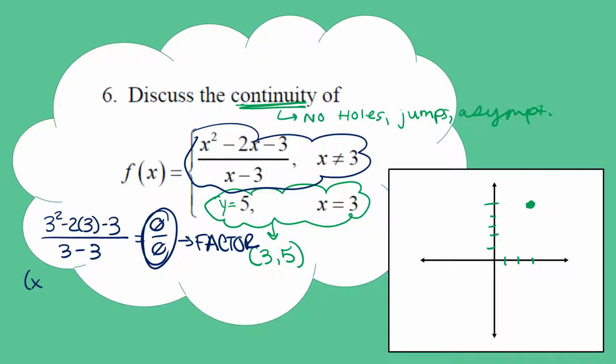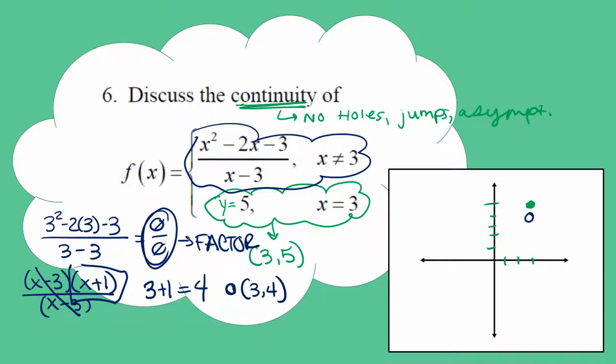We can factor it as x minus 3 times x plus 1. And then our x minus 3 can cancel out. So now we're going to re-plug in with our leftover here. That's going to give us 3 plus 1 equals 4, which means we have an open point at 3, 4.